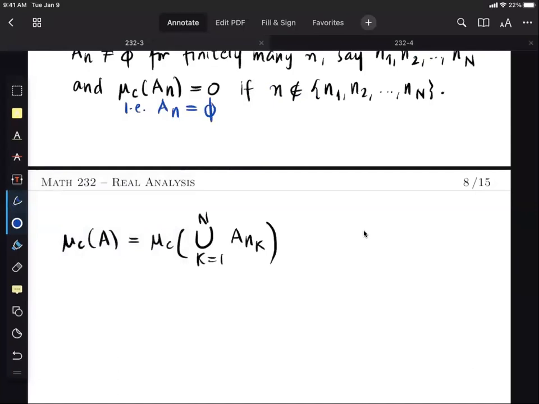Therefore, they do not contribute to the union.